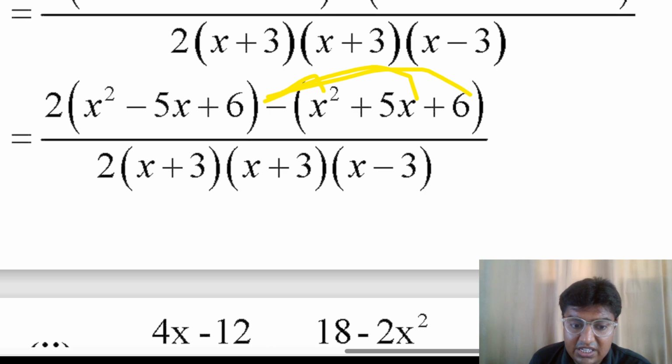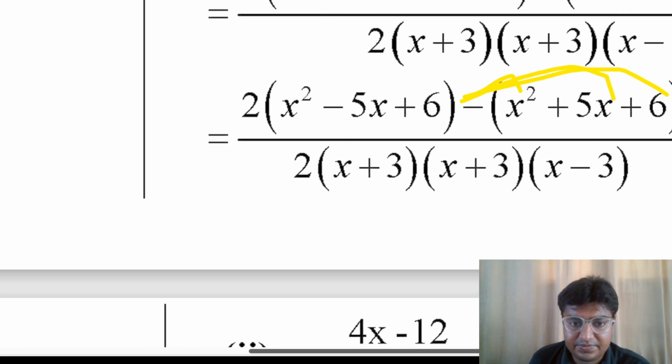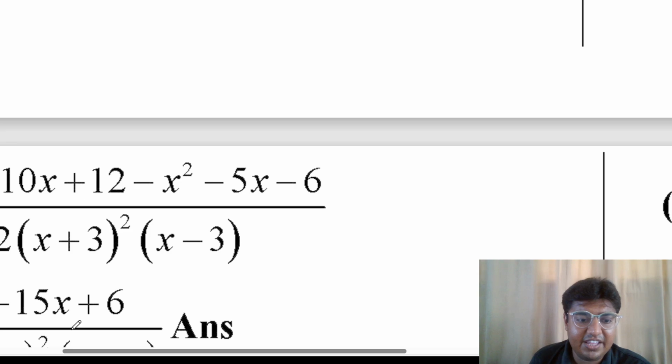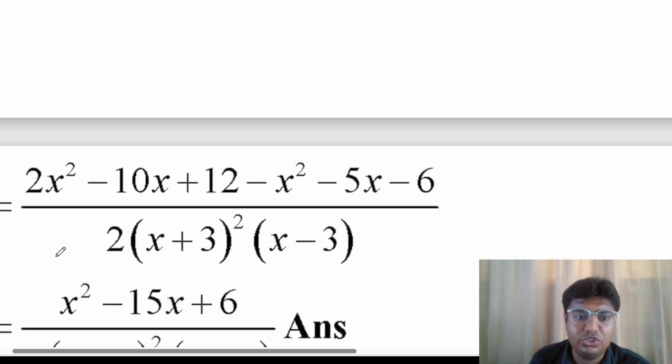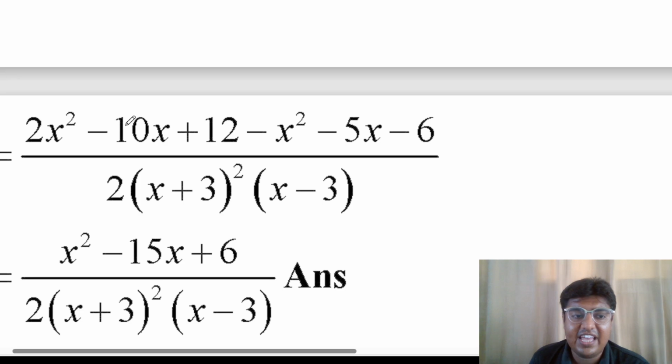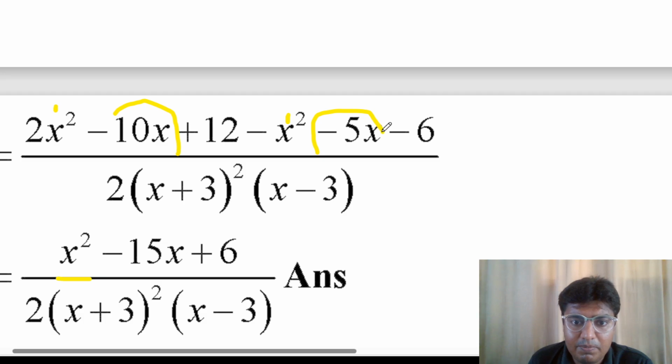Okay, students, be careful about the steps. After that, if there's any cancellation, you will do the cancellation. If there's not, be careful about the like terms. 2x square minus x square will become positive x square. Very good. Plus minus minus, sign of greater number. Negative 10, negative 5, negative negative positive.